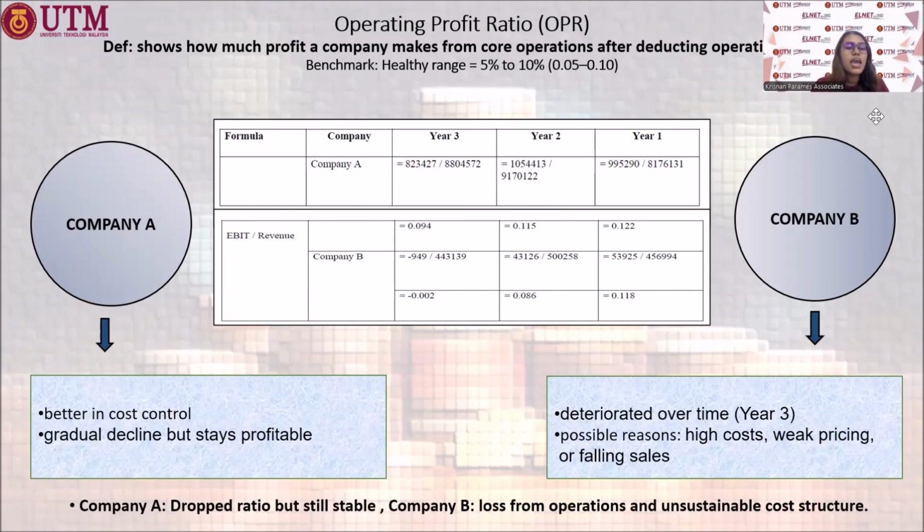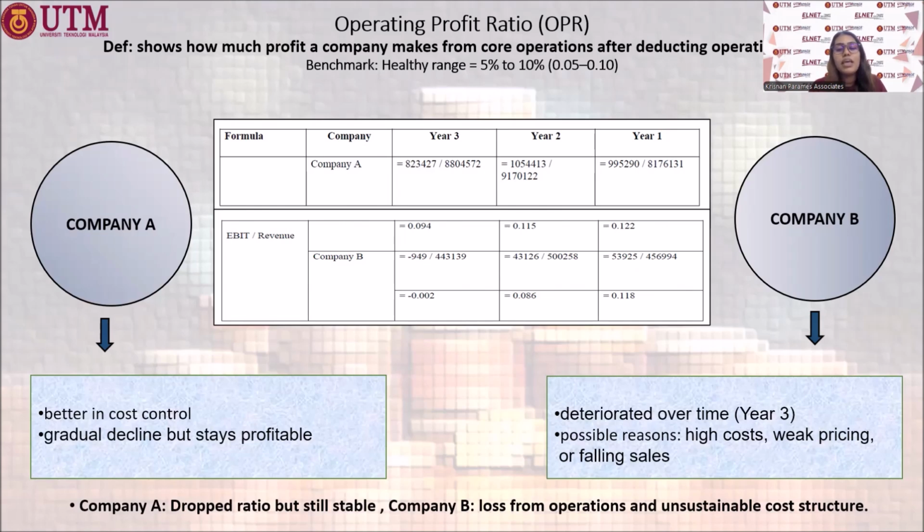Company A has better control of its costs, but there is a gradual decline from year 1 to year 3, from 0.122 to 0.094. However, this still remains in a profitable range. It is still ideal, still stable, and the company is still able to control its costs.